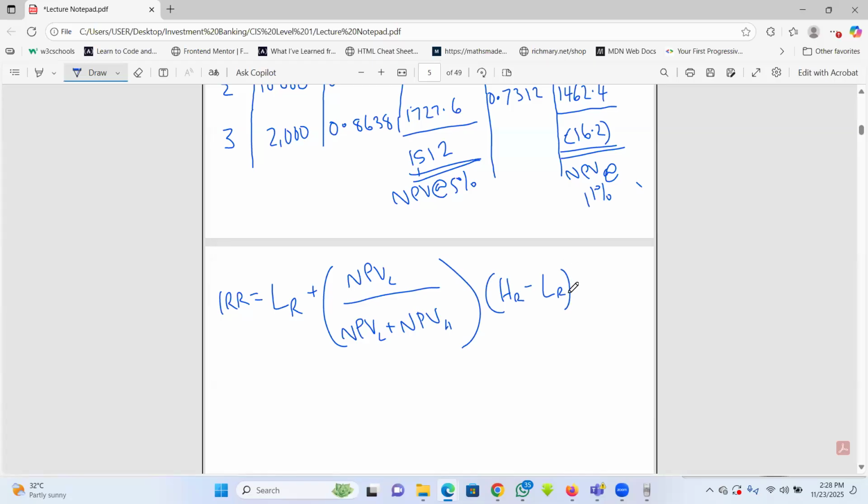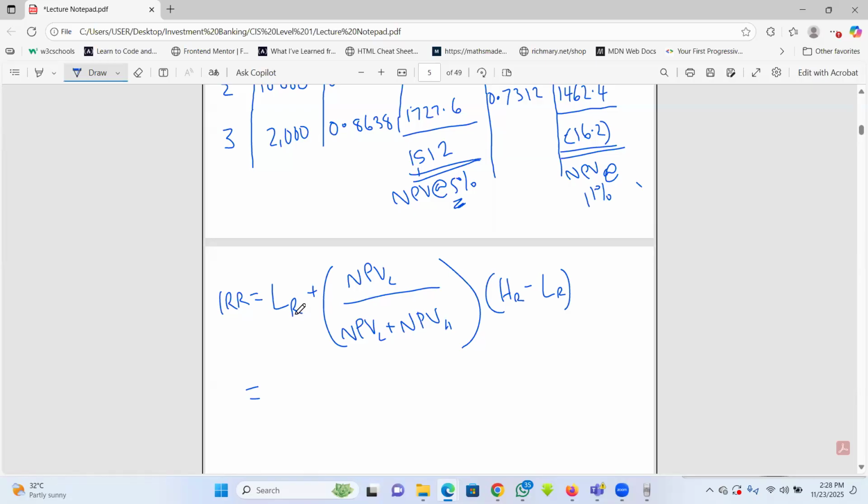Are you with me, guys? Can I get the feedback? Yeah, with you, sir. All right, so what is the lower rate to use here? The material says NPVL minus NPV upper. It doesn't matter. Let me just express it this way. Don't be bothered by the letters.